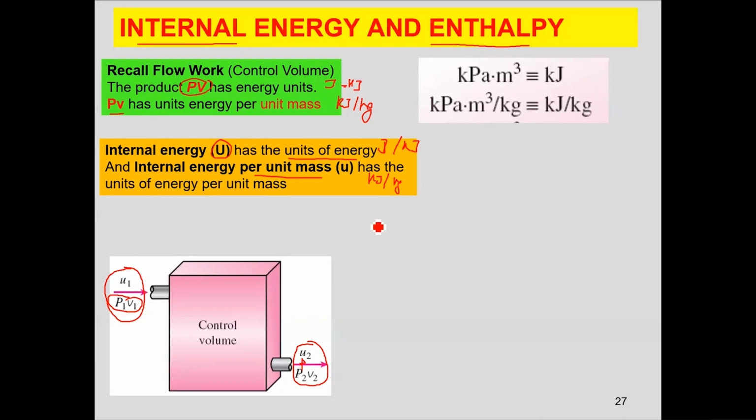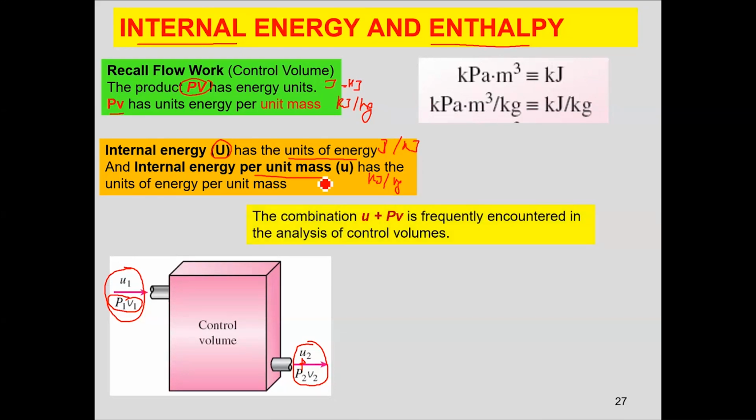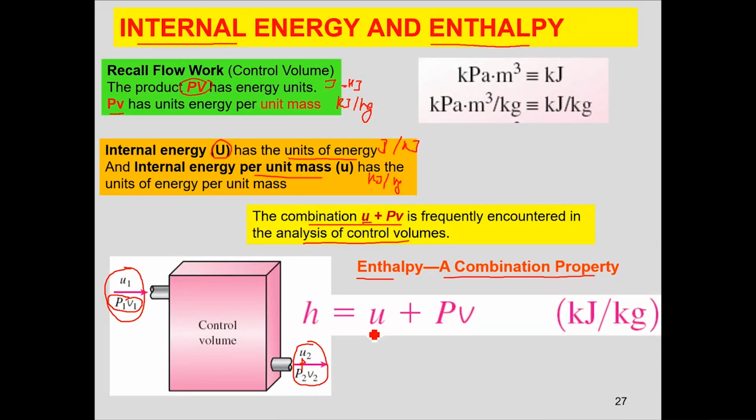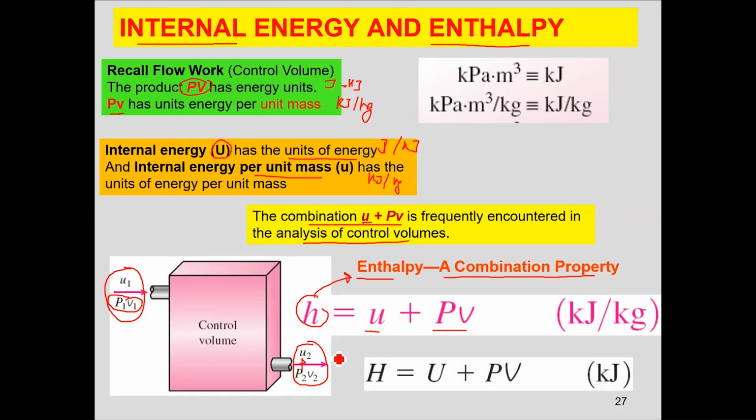To make our analysis of control volumes easier, we have combined these two energies, the internal energy and the flow energy, and termed this combination enthalpy. So enthalpy is a combination property: internal energy combined with flow energy per unit mass gives rise to enthalpy, represented by small h per unit mass and capital H for energy. All right, is it clear?